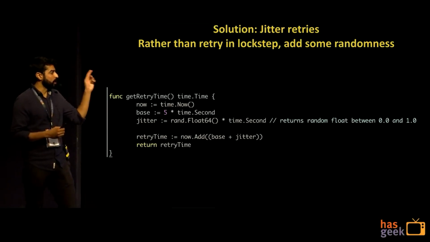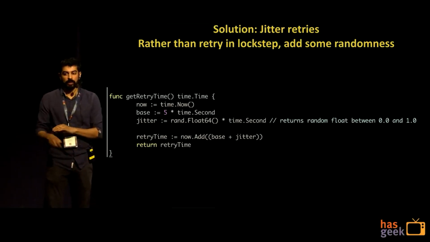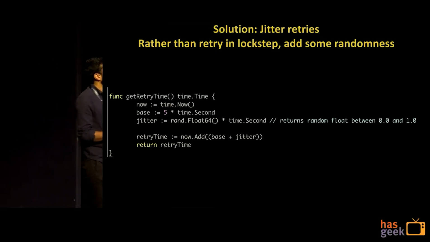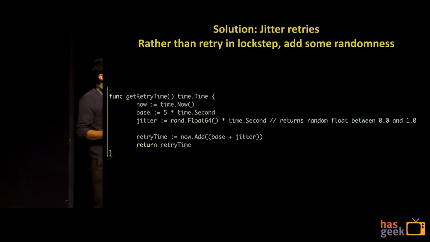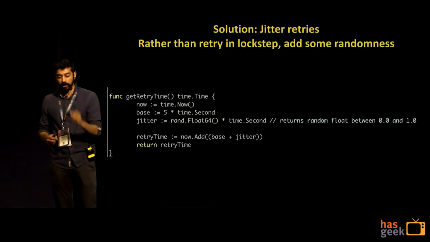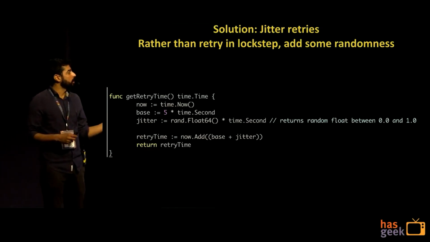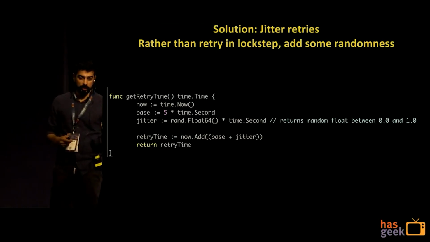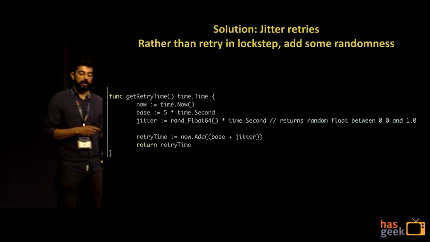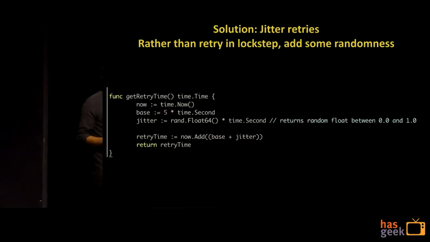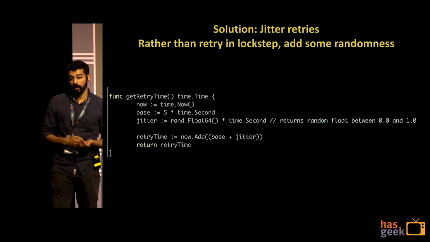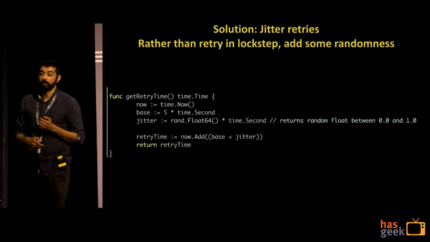So this is just a little piece of Go code that hopefully, even if you're not familiar with Go, should be quite legible to you. The goal is figuring out what the retry for a single request is, taking a base retry time and applying a small degree of randomization to it, such that each distinct client that needs to retry, we saw that 25% of our clients need to retry, is not retrying at the exact same time.